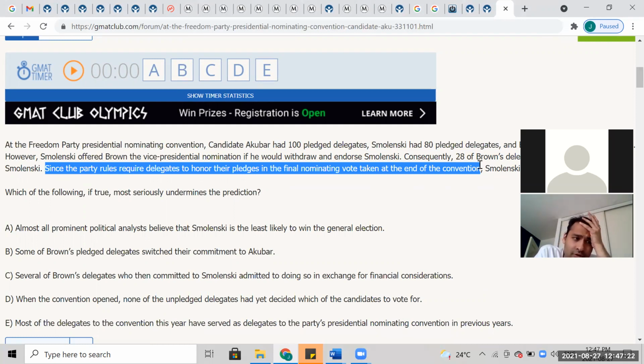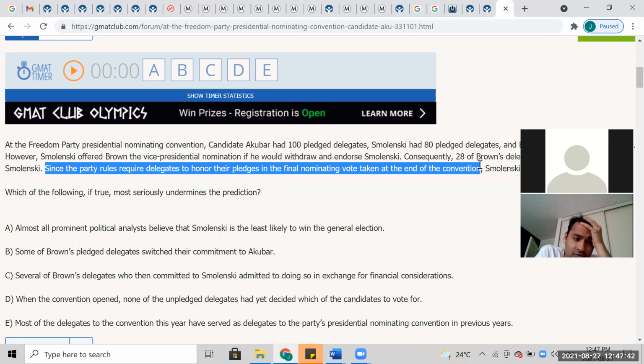Right. But I don't think, even if the 28 pledged to Brown initially, the highlight tells me that once they pledge they cannot change. Why do you say that once you're pledged you cannot change?